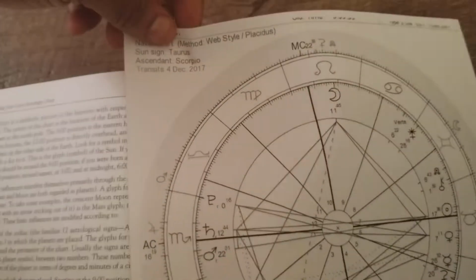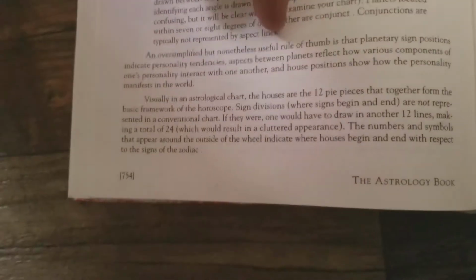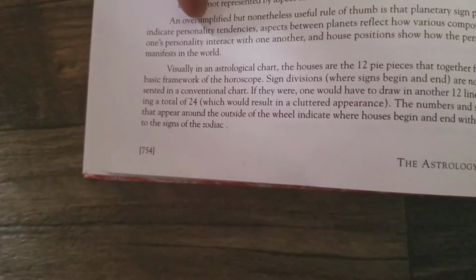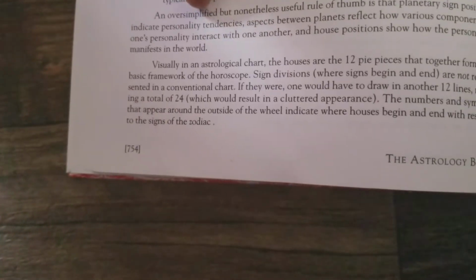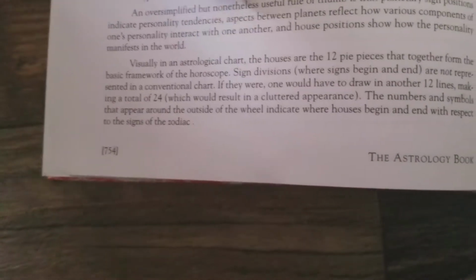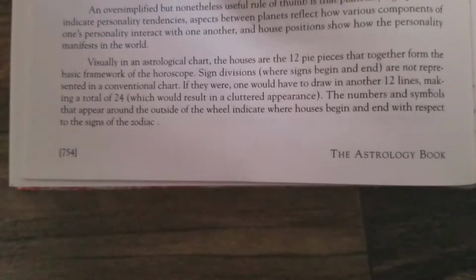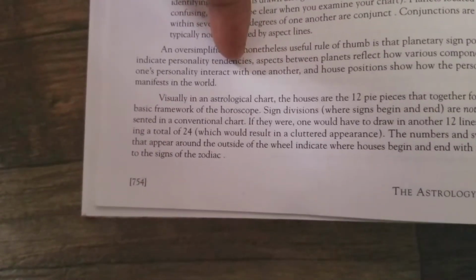I kind of hope, at least with this, but we're going to keep reading. Listen, an oversimplification, but nonetheless useful rule of thumb is that planetary sign positions indicate personality tendencies. Aspects between planets reflect how various components of one's personality interact with one another.